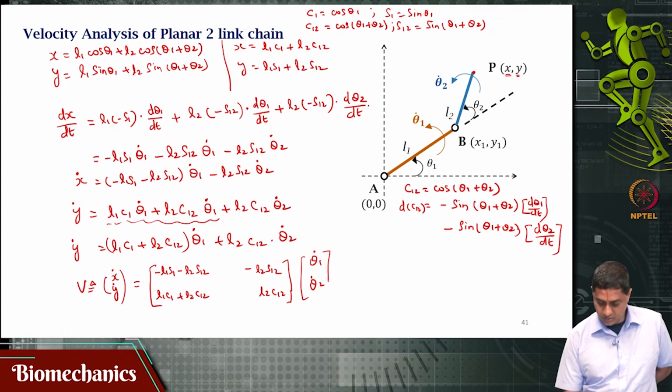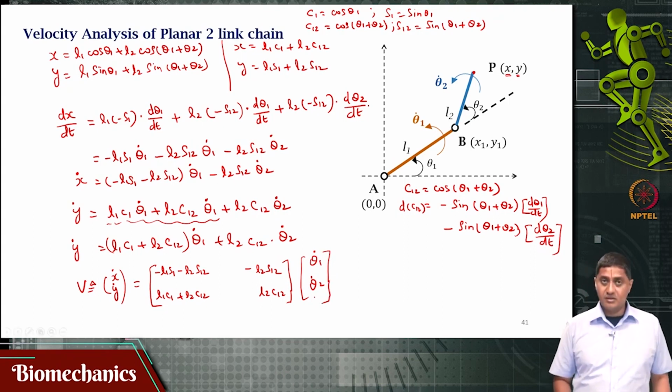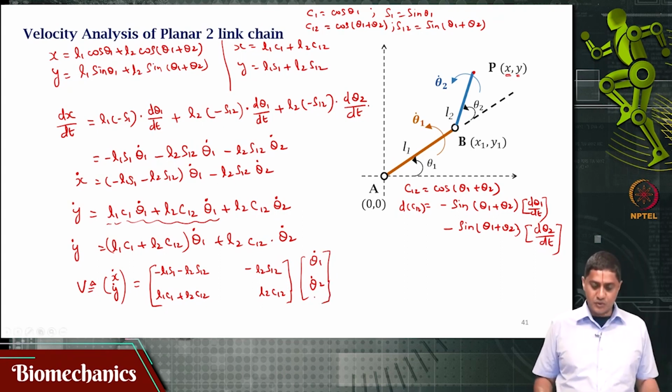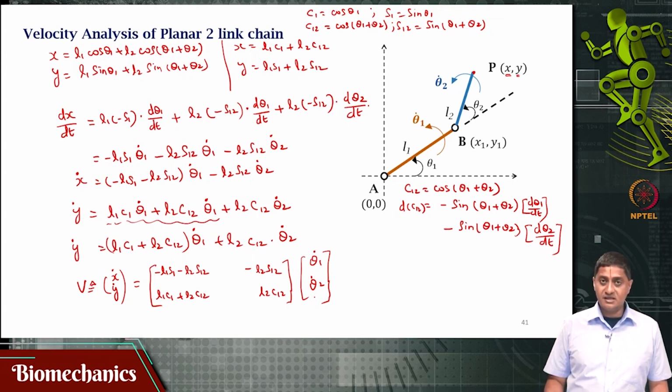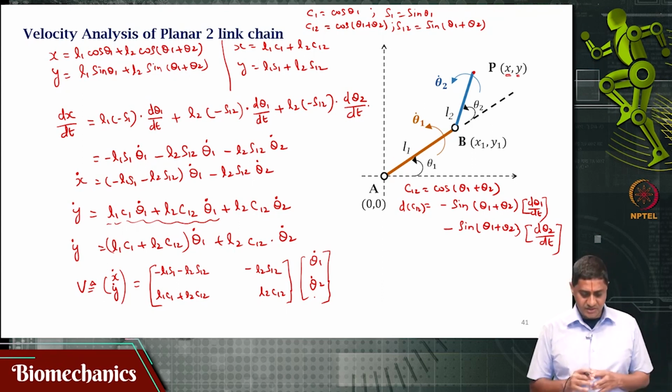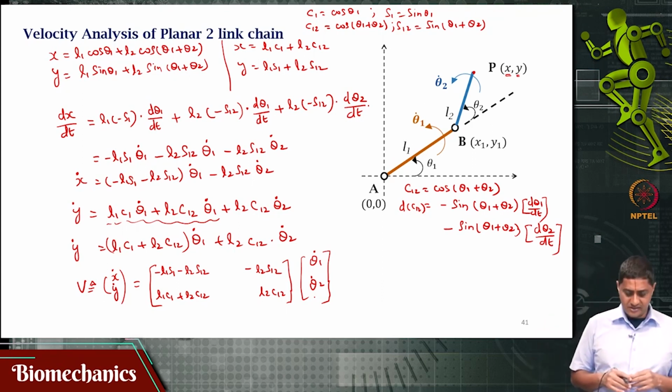Is it not? Now, if you perform matrix multiplication in the usual method, there is only one correct method to perform matrix multiplication, you will realize that this is essentially the equations for x dot and y dot written in matrix form. So, let us take a few seconds and examine this situation a bit more closely.